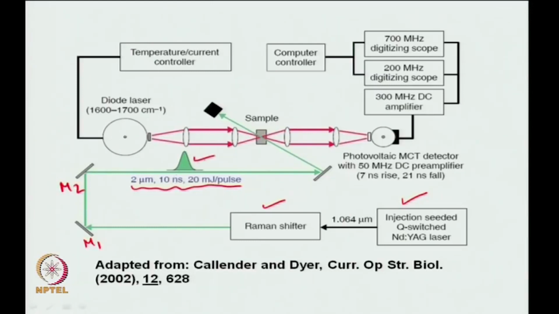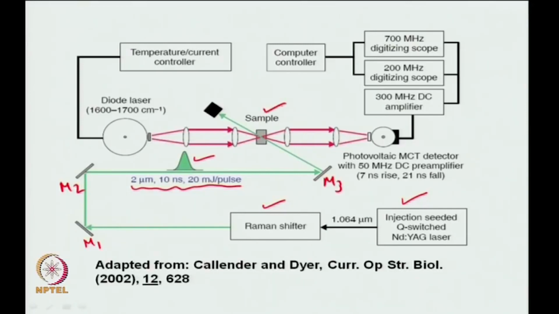You see this pulse, it is 10 nanoseconds, and the energy is 20 millijoules per pulse. Again, do not worry about the actual value of the energy, but take it from me, this is a decent enough energy to bring about a detectable temperature jump. Now, here is another mirror, say M3.